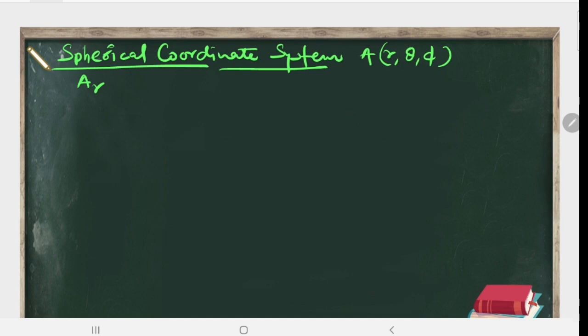So in the matrix method, we may write this A r, A theta and A phi component. This is the vector A in spherical coordinate system, and we have to multiply this vector with the matrix whose first row is sin theta cos phi, sin theta sin phi, cos theta.